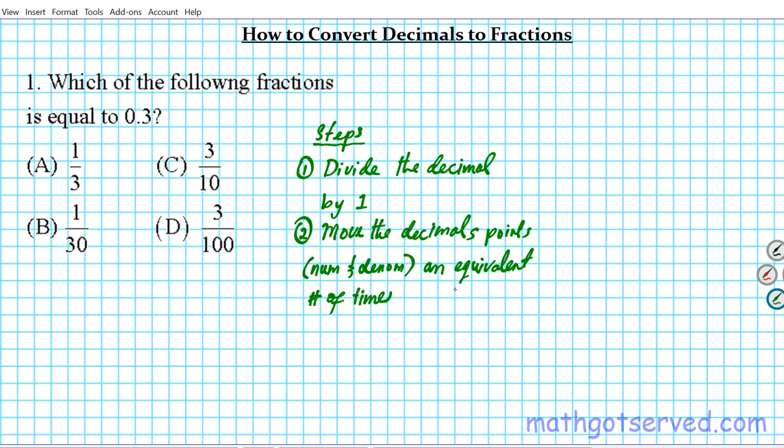Move the decimal points in the numerator and denominator an equivalent number of times to the right until the numerator is no longer a decimal. That's the strategy we're going to employ in solving this problem.